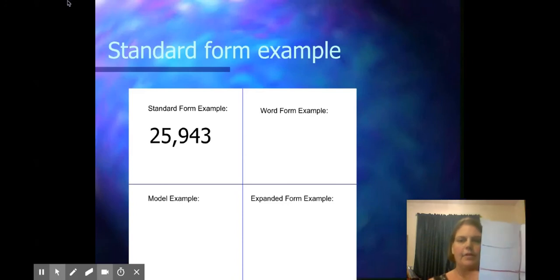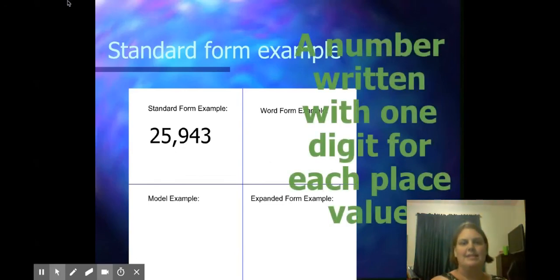The number that we're going to use in standard form is 25,943, and that's going right here where it says standard form, or well, yours will. Remember that standard form is a number written with one digit for each place value.